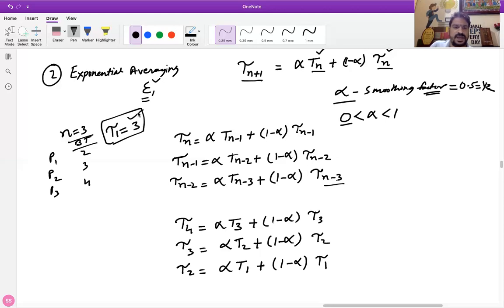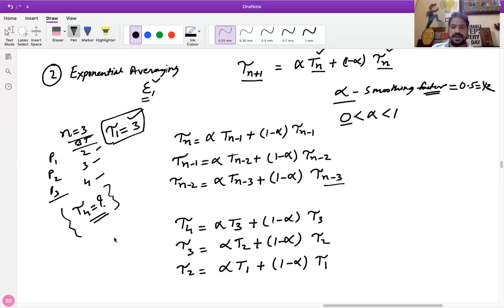We should know all this, then only can we calculate the predicted time of process 4. Because we know the actual time of these and the predicted time of the very first process, then only we can calculate the new process predicted time.